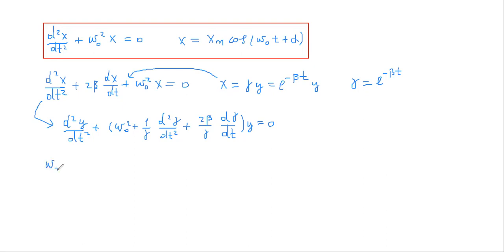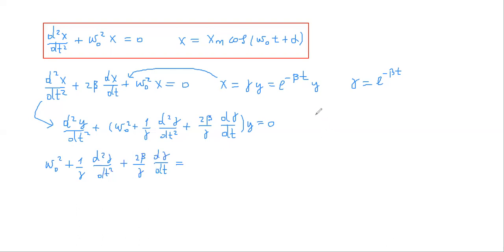To do this, I'll rewrite this expression: 1 divided by gamma times d2 gamma by dt2 plus 2 beta divided by gamma times d gamma by dt. So we need to simplify this expression.